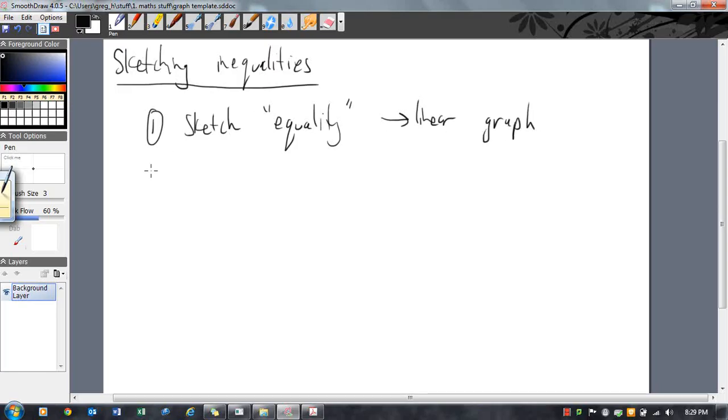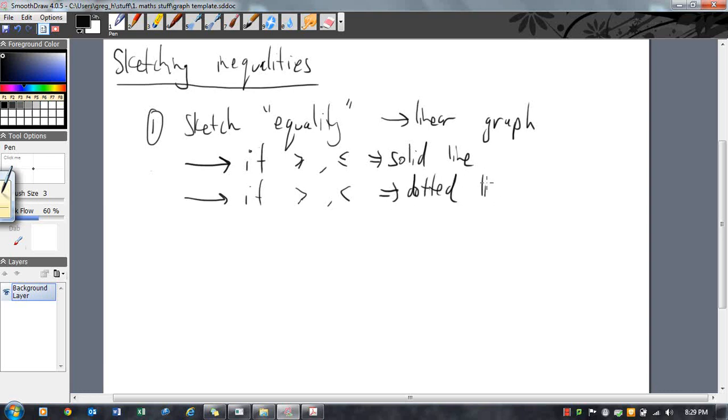The second thing to remember, if it's greater than or equal to or less than or equal to, so if it contains the equal to, then it will be a solid line. If it's greater than or less than, in other words, if it doesn't contain an equals, then you'll be doing a dotted line. Okay, good. So that's the first part.